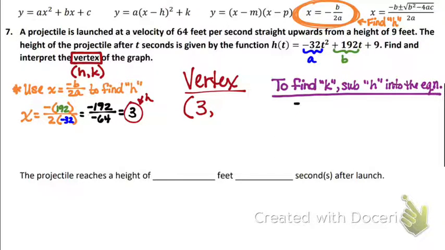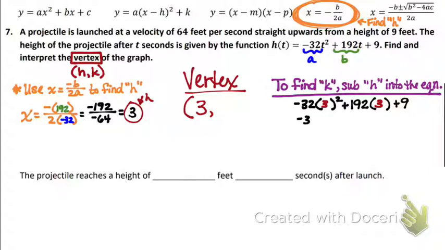So our equation is negative 32, and then we're going to make a substitution and square it, plus 192, and then we make a substitution because there's a variable there, plus 9. What are we putting in these blank spots? Three. And then I'm going to go through and start to simplify this.